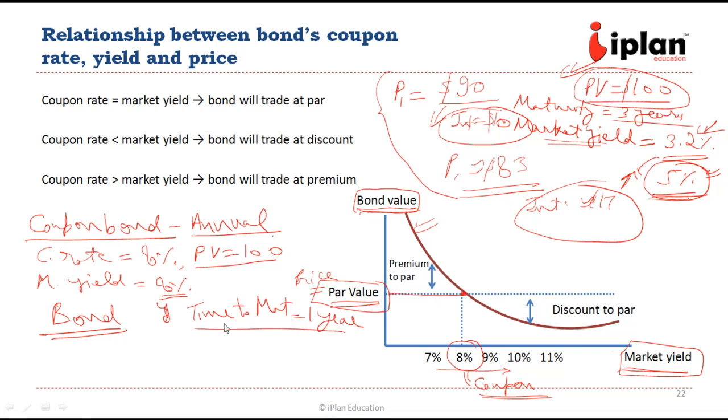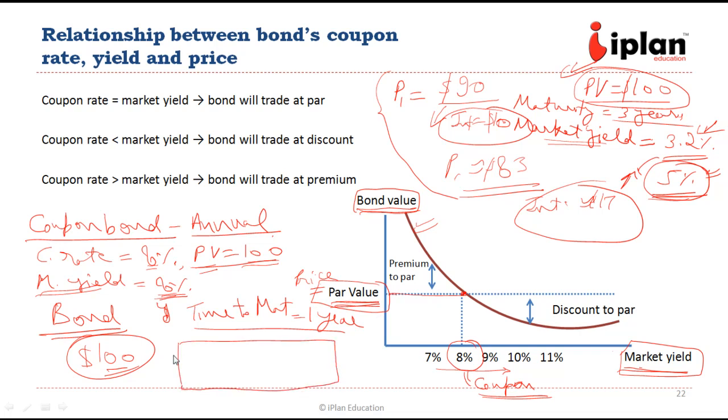As we clearly see in this case, if the coupon of 8% is going to be given and the par value of 100 is going to be returned after 1 year, what should be the value of this bond? $100, which is equal to the par value, because 8% is our expectation in terms of market yield. That is why, where the coupon rate is equal to market yield, the value of the bond is going to be equal to the par value of the bond.